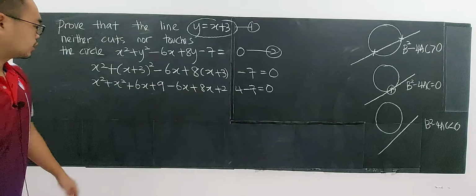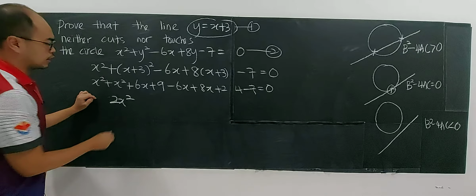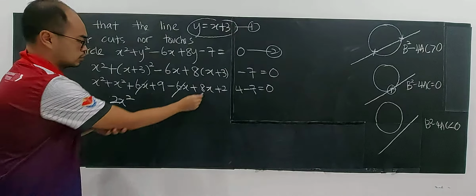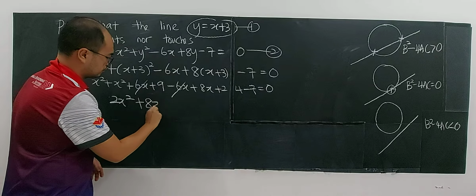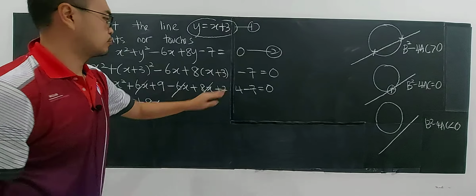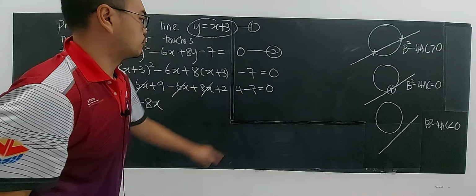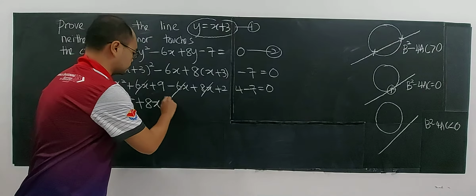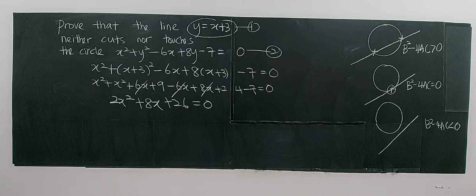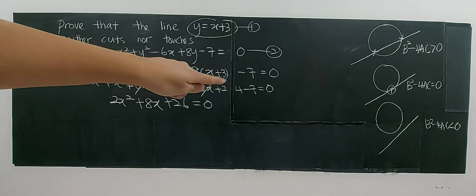Okay, you're getting the quadratic equation. You have 2x squared, right? 6x minus 6x, definitely you are getting 0. Then positive 8x. Then 9 minus 7, you have 2. 2 plus 24, you have 26.